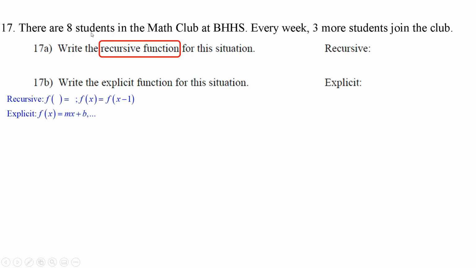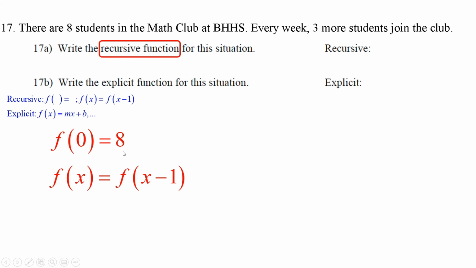All right, so let's see. There are 8 students in the math club. That means when this club started, or maybe today, so I'm going to call the input 0. How many students are in the club? 8. All right. Now, that's my initial condition in function notation. And then we have our recursion equation, or our function rule, if you like. F of x equals f of x minus 1.